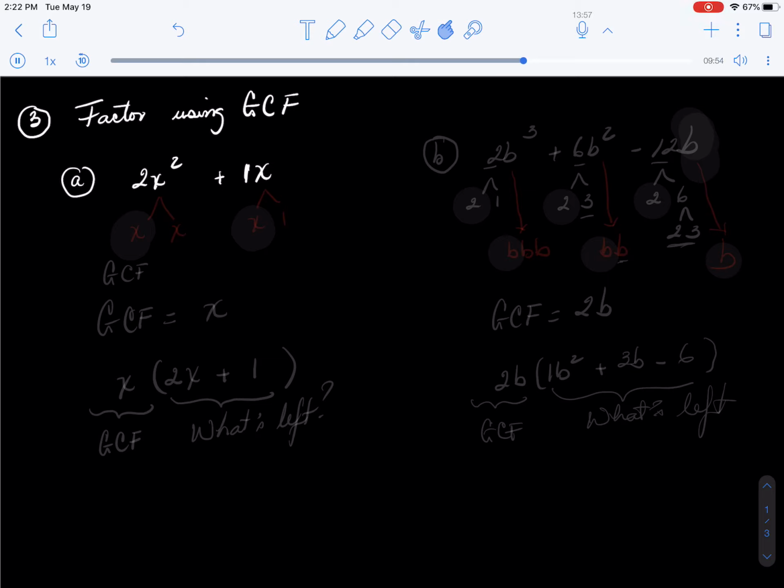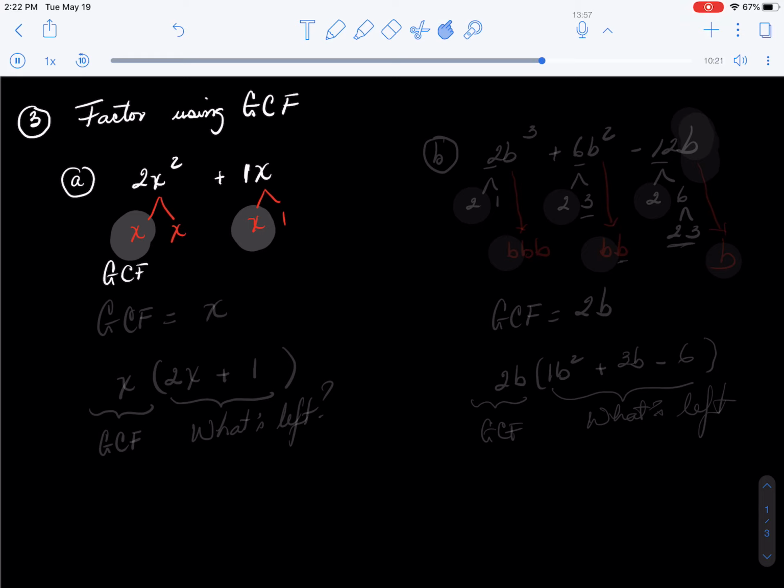I don't have to worry about anything else. Now I look at the x. They have one x in common, so what I would do is take it out. This is what I call GCF.